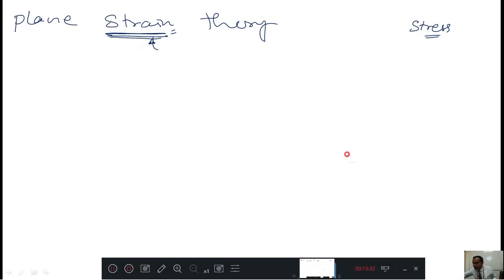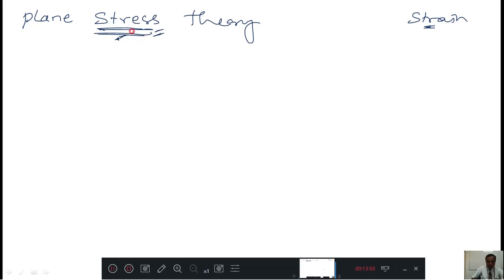Okay, now how will this theory be studied, and what are the assumptions we make in plane stress theory? See, this is my plane.